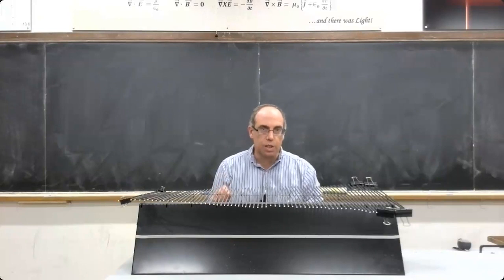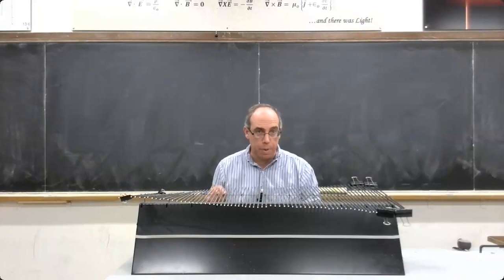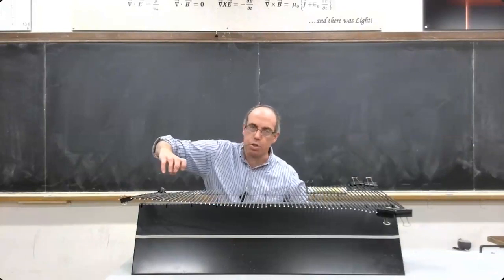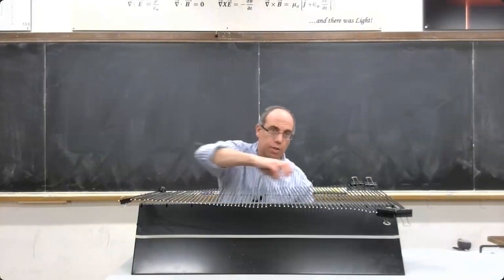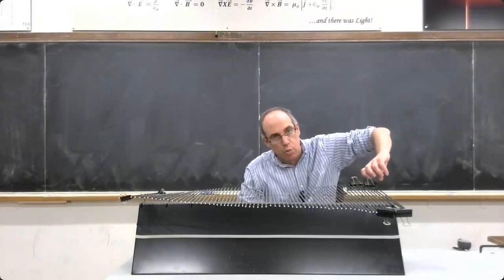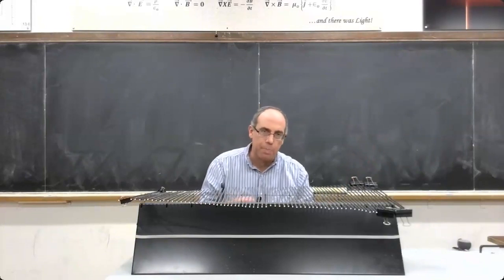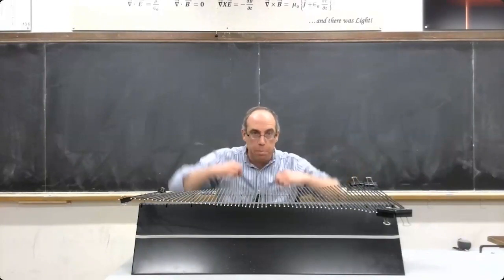For the next experiment, I'm going to simultaneously create two up bumps. One up bump will start at the left end and travel to the right, and the other up bump will start at the right end and travel to the left. And we want to see what happens when those two up bumps meet in the middle.